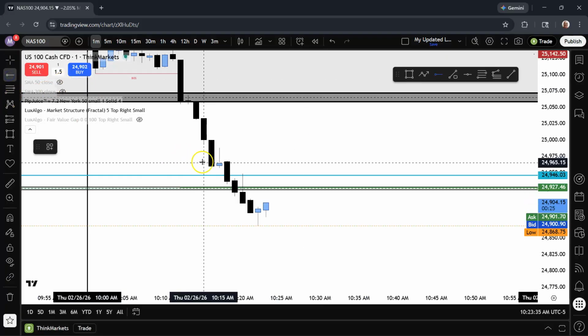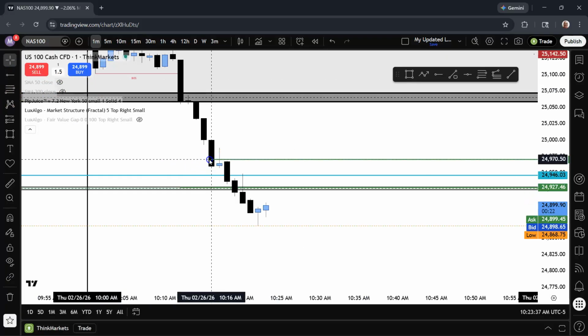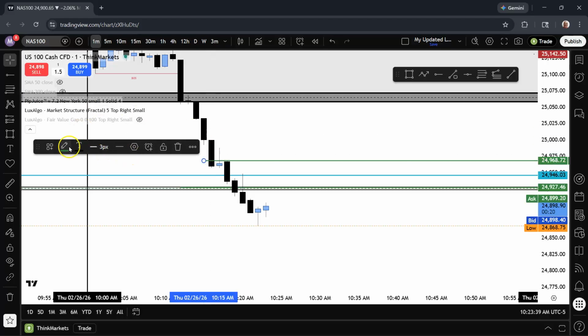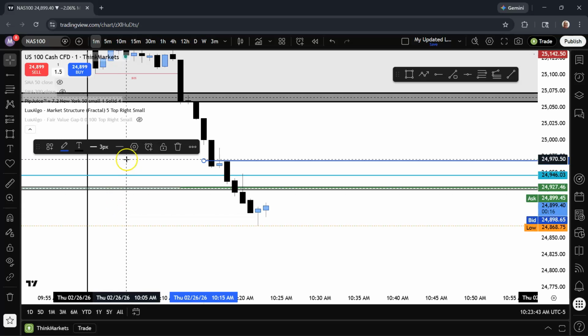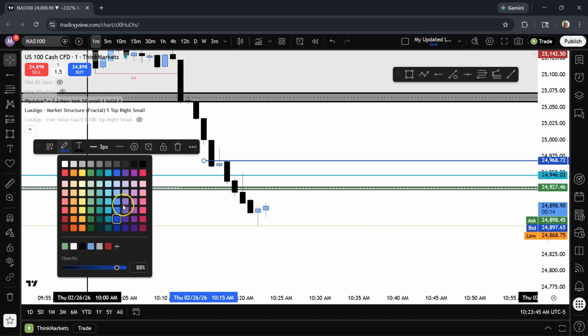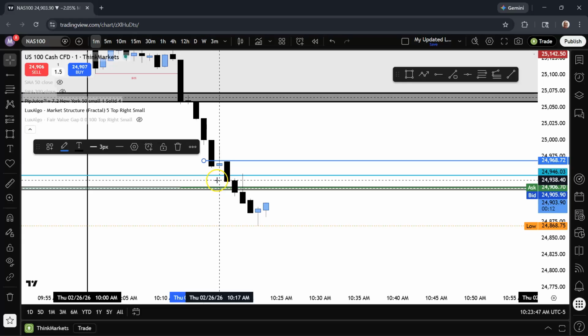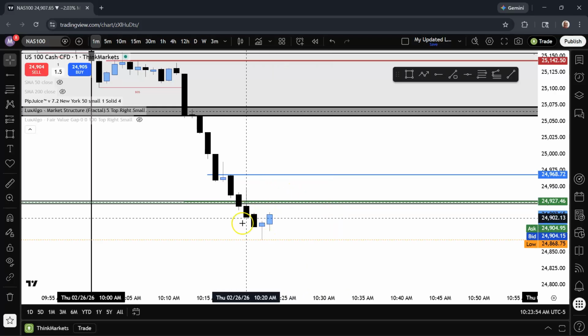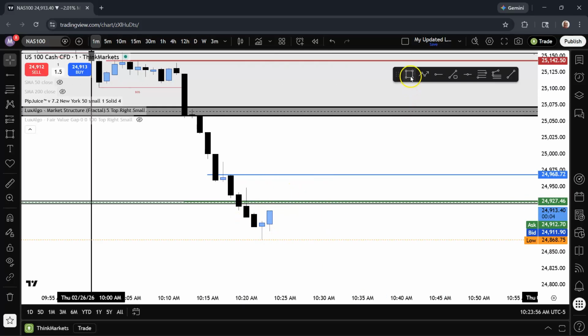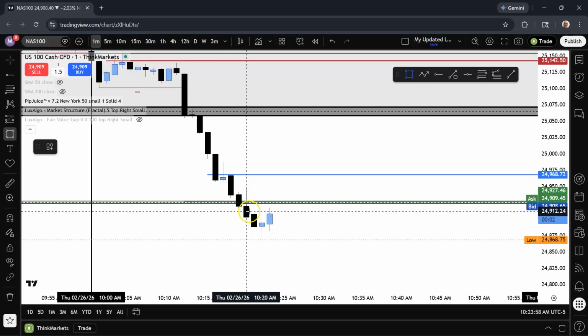Well, above this candle here. I'll make that blue. Well, okay. Or, see, there's a reversal going on right there. That's your reversal candle.